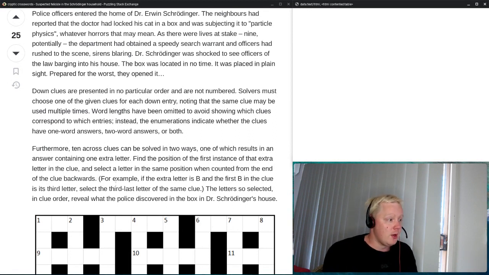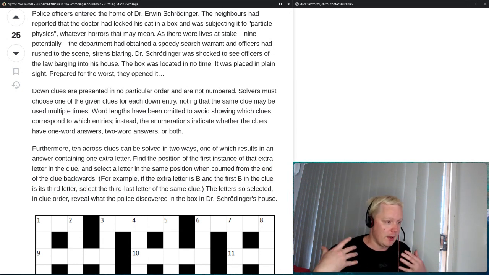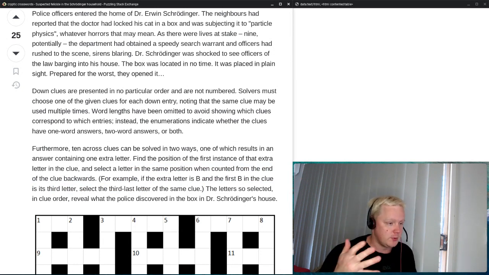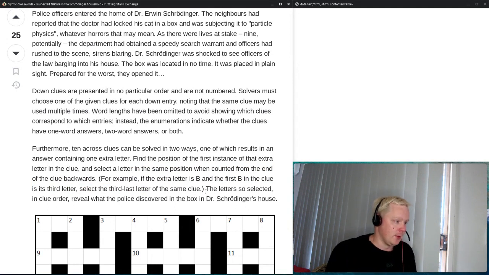Let's read this part once more when we have a finished grid, to see what the final answer is there. But the letters so selected in clue order reveal what the police discovered in the box in Dr. Schrödinger's house. So that is the preamble here.